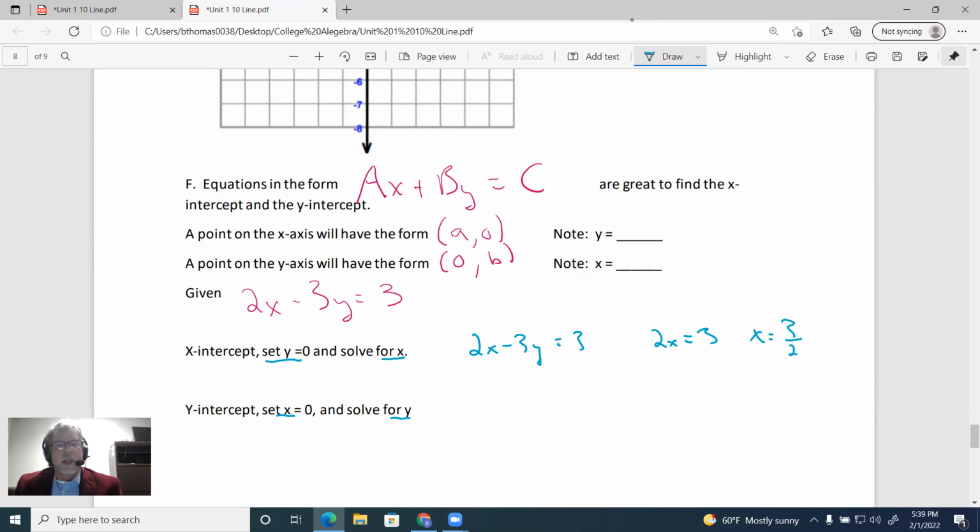If I set x equal to 0, notice that when we have 2x minus 3y is equal to 3, the x term disappears. All we're left with is negative 3y equals 3, because that x is going to zero out that first term. And so if we solve for y, we're going to get y equals 3 over negative 3, which actually turns into a negative 1. So that's going to be my y-intercept.